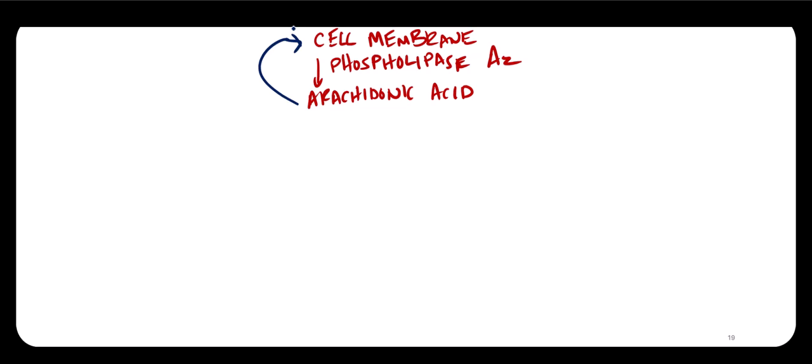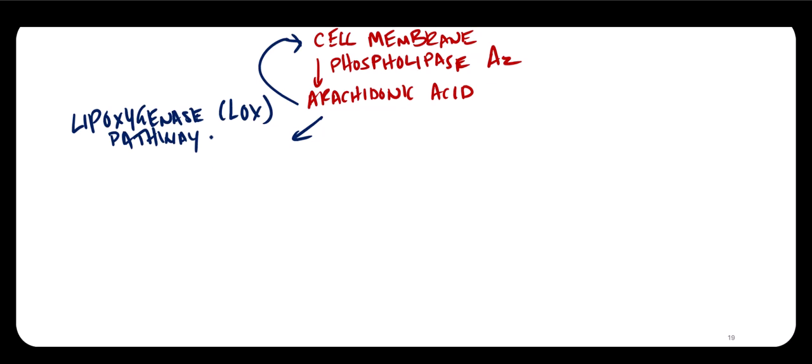Another option is it can go into a lipoxygenase pathway. Or a LOX pathway, I should be saying. So that's one option. The other option is it can go into a cyclooxygenase pathway.